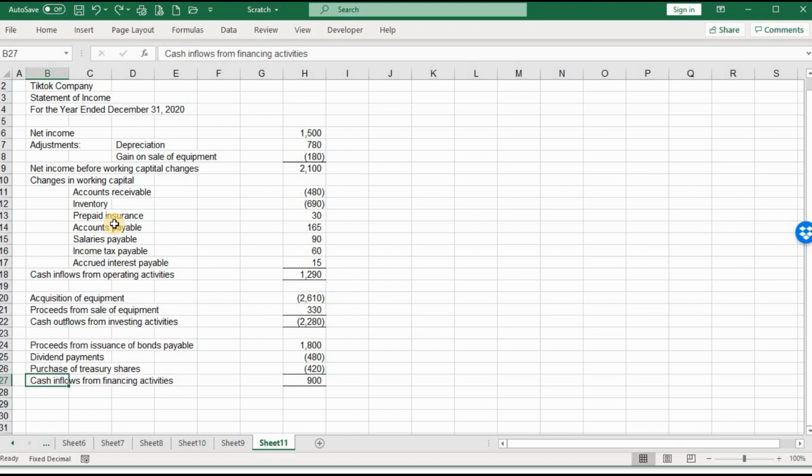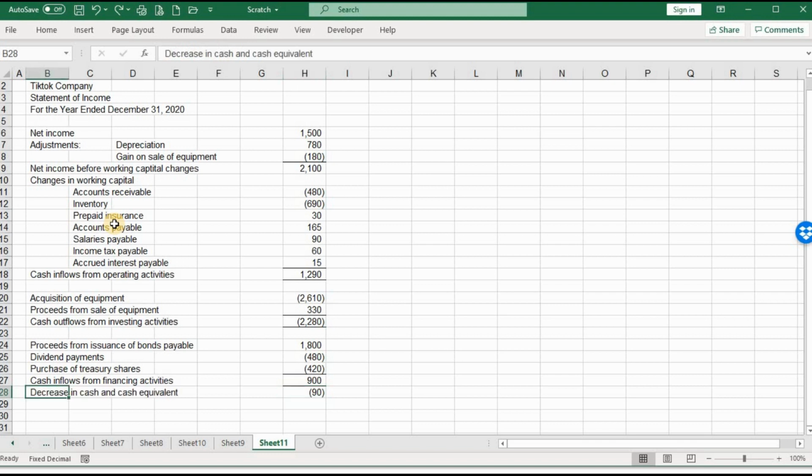So after we're done with the three sections of the statement of cash flows, let us add the total of the cash flows from operating, investing, and financing activity. So 1,290 less 2,280 plus 900 is equal to 90 negative.